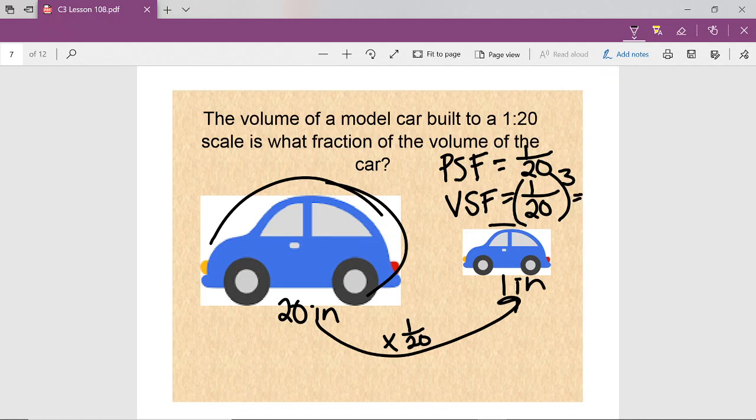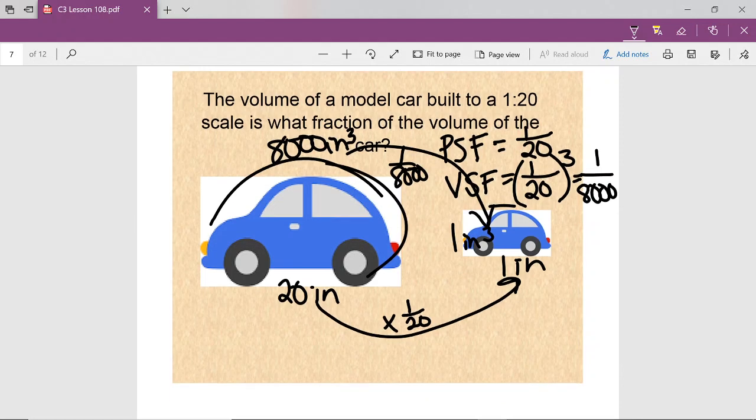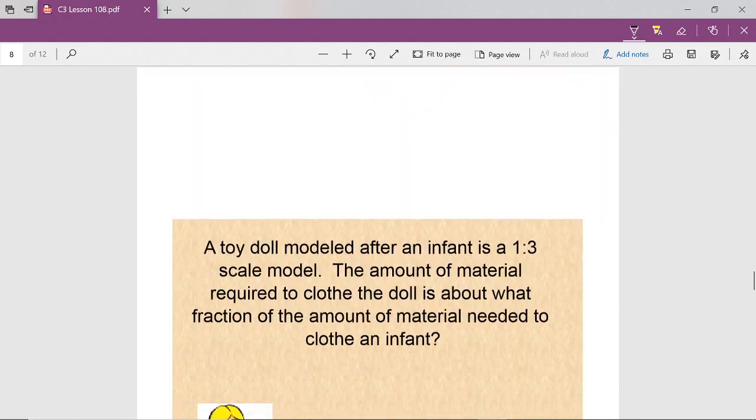Which when you multiply it all out, 1 cubed is just 1. 20 cubed, let's see, that's 8 with 3 zeros. 1/8000th of that volume. So if this one is 8,000 inches cubed, if I wanted to know the volume of this other one, I would take 1/8000th of it and find that this is 1 inch cubed. Okay? So we can use these scale factors in order to find a lot of information. Still comes down to that relationship between the two.